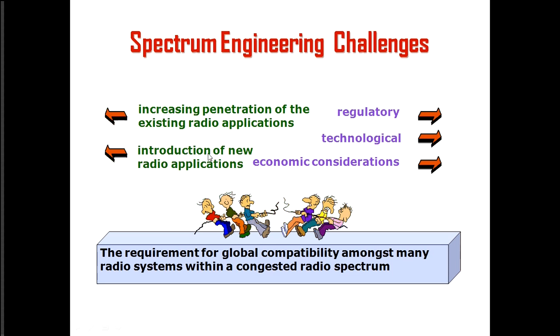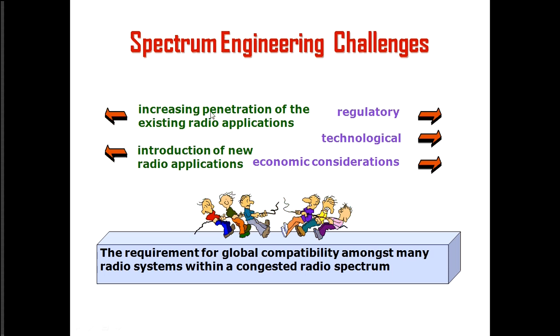Because of the increasing demand for wireless communication systems such as mobile, RFID, ultra-wideband, WiMAX, etc., these new systems need spectrum allocation. Since the spectrum is a limited resource in each country, once the spectrum is used for a particular service, it cannot be reused by another service.